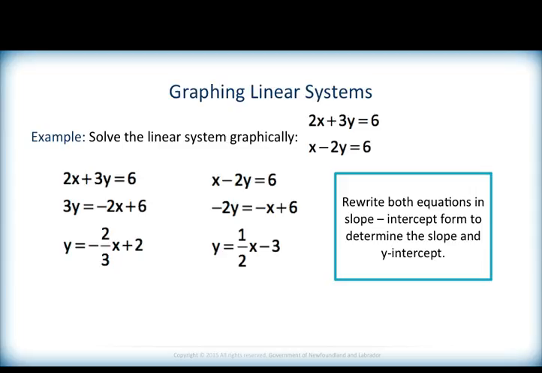Now we can easily see that on the left-hand side, we have a slope of negative 2/3 and a y-intercept of 2. This will be a decreasing line. The equation on the right will have a slope of 1/2, a positive increasing slope, and the y-intercept will be negative 3.